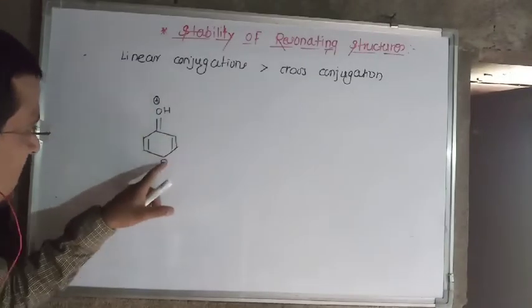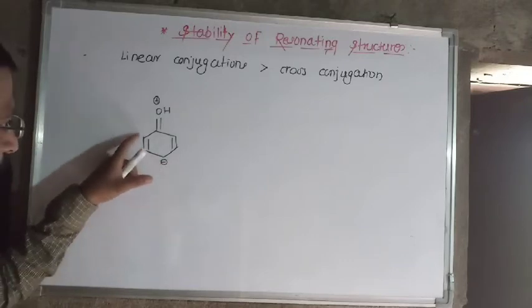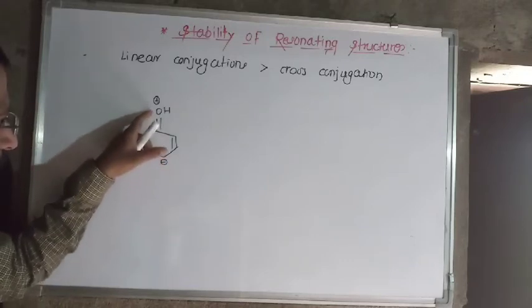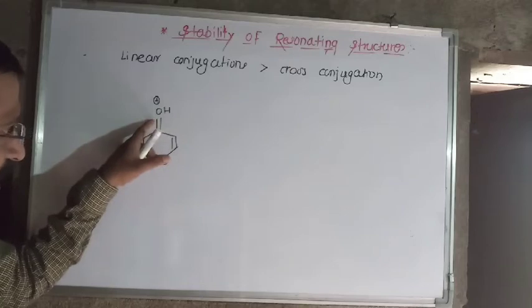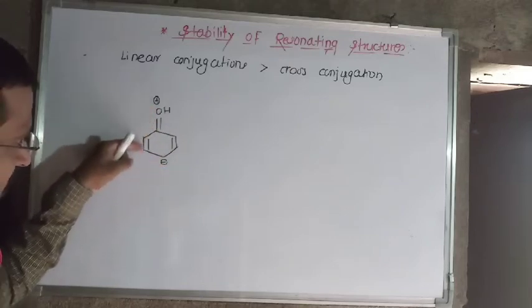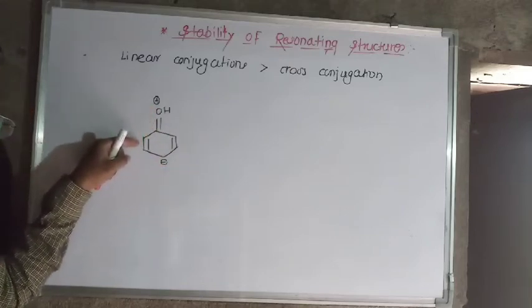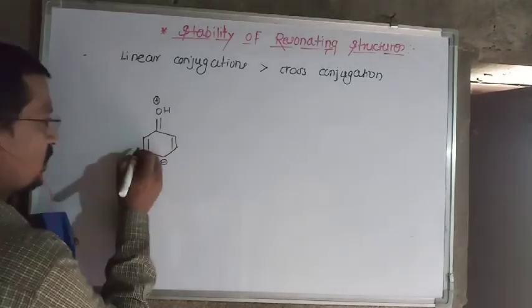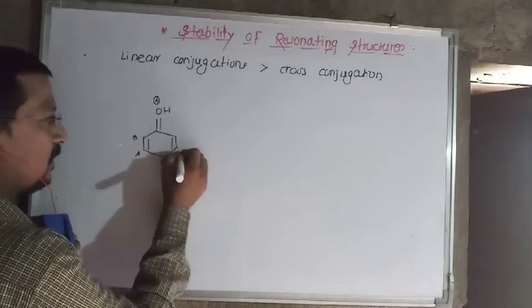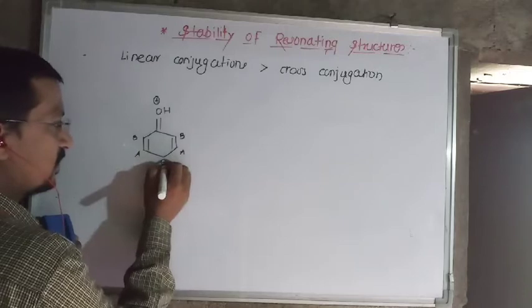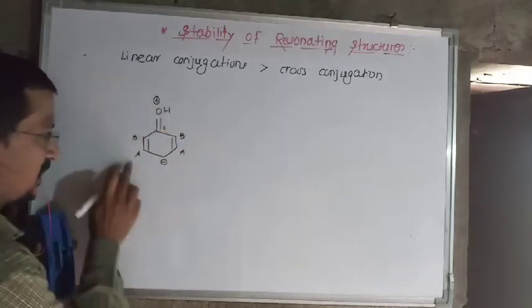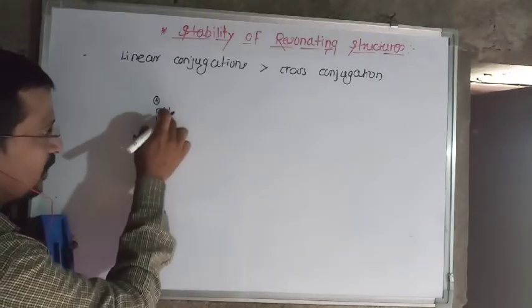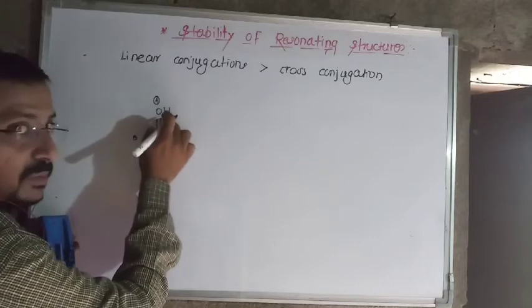A double bond B, C have negative charge, or A double bond B, C have multiple bond. Suppose in the first case A double bond B, C have multiple bond.